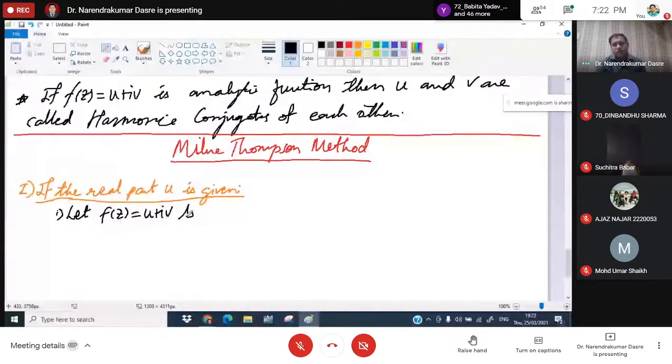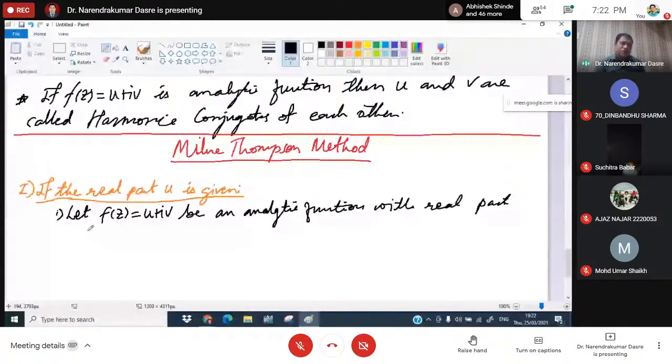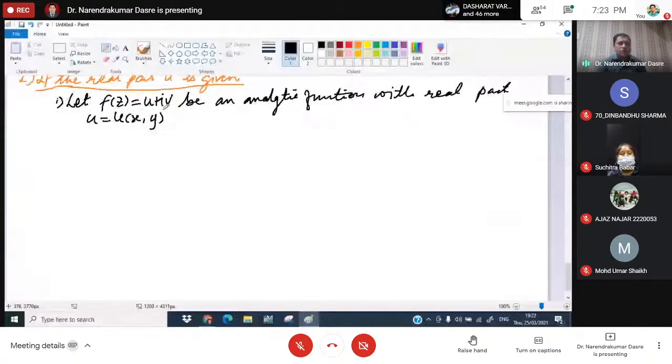with real part u of x, y, because u is a function of x and y. Okay. Now the second step. What we have to do is, we know only u, so we have to find ux and uy.